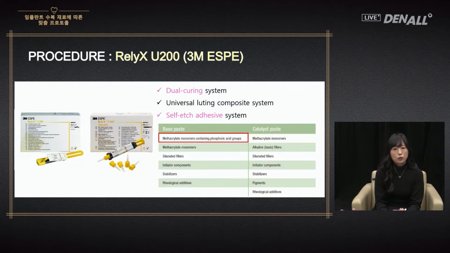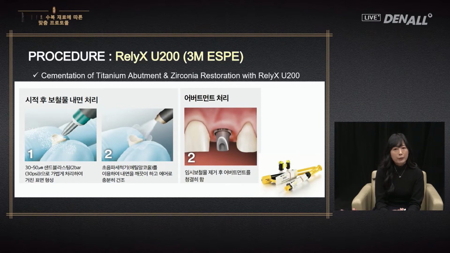In order to cement the zirconia restoration, self-adhesive resin cement is commonly used. In this example, RelyX U200 from 3M, which is a dual curing resin cement, will be used. On the inner surface of the restoration, sandblasting and cleaning is done, the abutment is placed, cleaning and sealing is done.